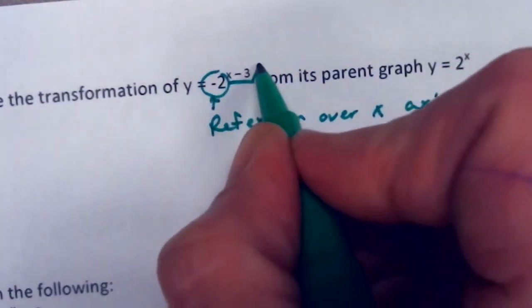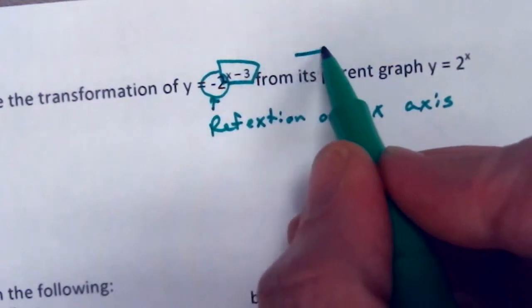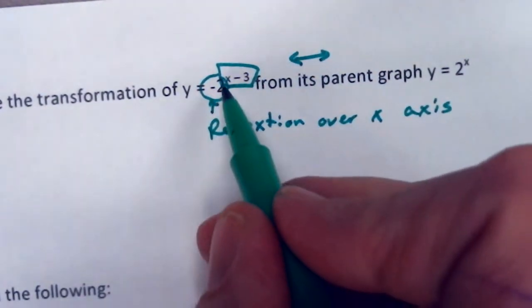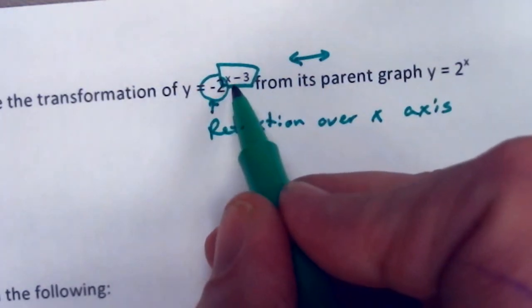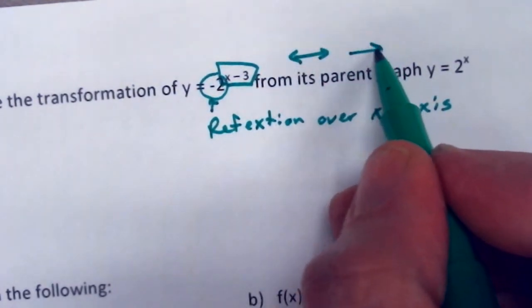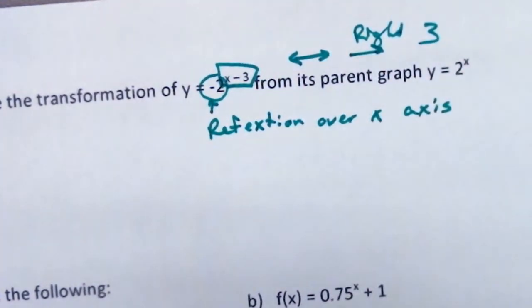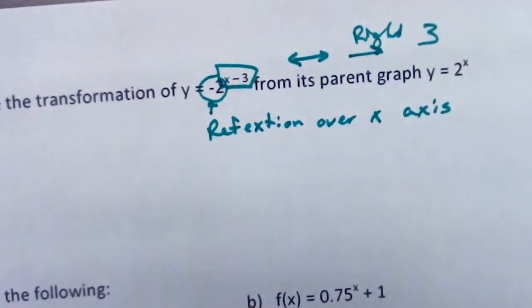Now, x minus 3, whatever happens to x slides the graph left or right. And remember, inside lies. Whatever happens to the x is considered inside. So it moves it to the right 3 spaces. Okay, so it's a reflection over the x-axis and moves it right 3 places.